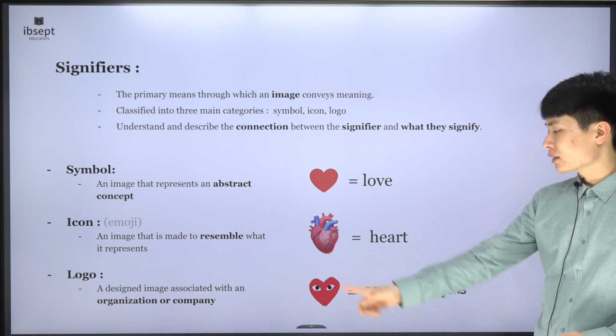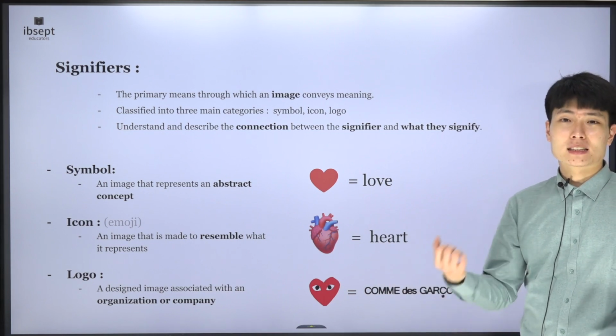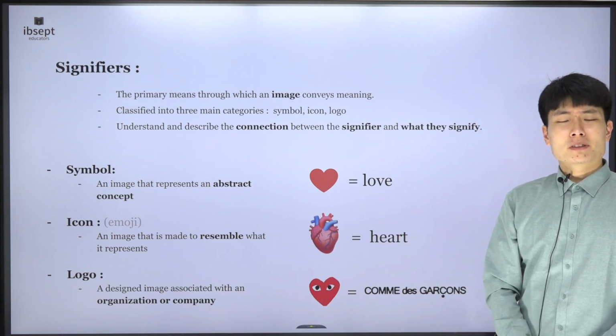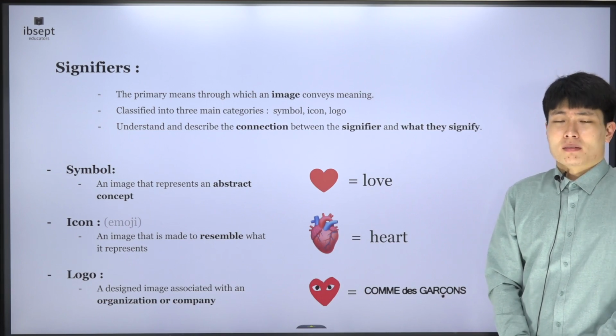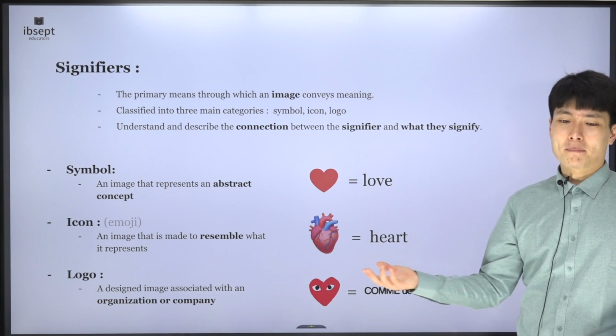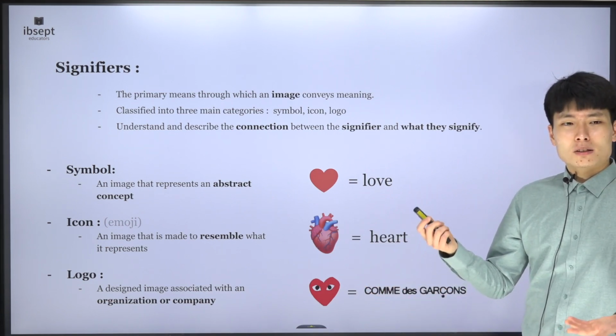Let's look at that Comme des Garçons logo just a bit more carefully. It's a heart with two eyes staring back out towards us. What do you feel when you look at that logo? Playfulness? Maybe it is serious. Maybe it is bold. Who knows?